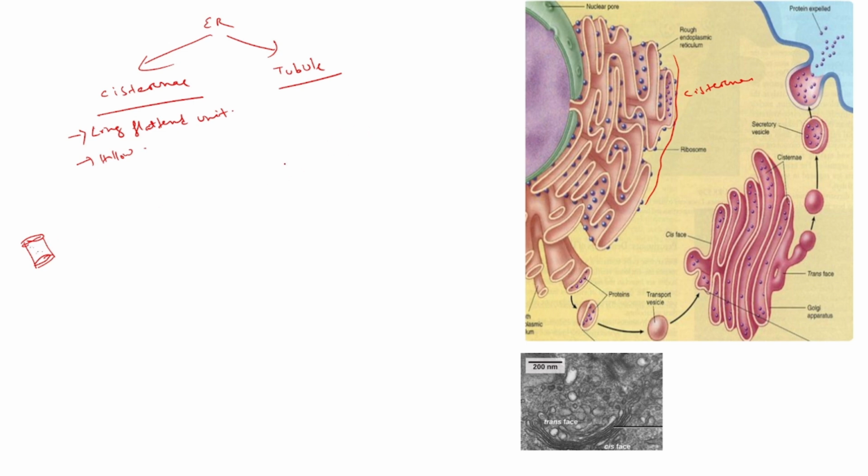So the cisternae look like this, but it is branched. It's not straight. So that means a pipe-like or flattened structure of the ER is called the cisternae, and another structure is called the tubule.